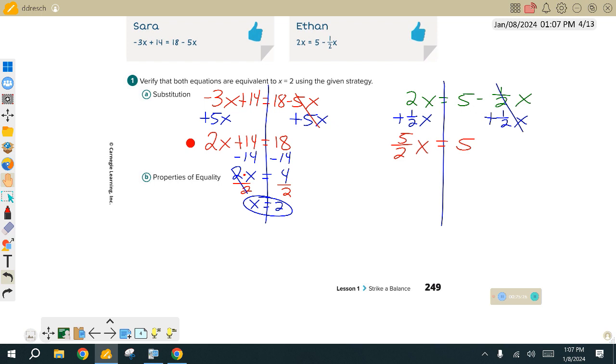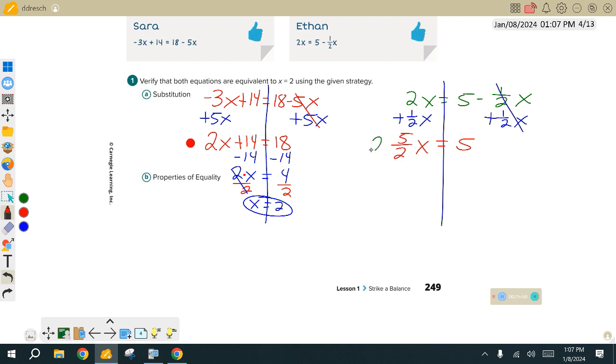Let's do it. That's what we're here for. Okay, we dealt with this last week in bits and pieces. You've dealt with it over the last couple years in bits and pieces. You're dealing with division. You're dividing by 2. What's the inverse of division? We dealt with that last week. Let's undo division by multiplication.